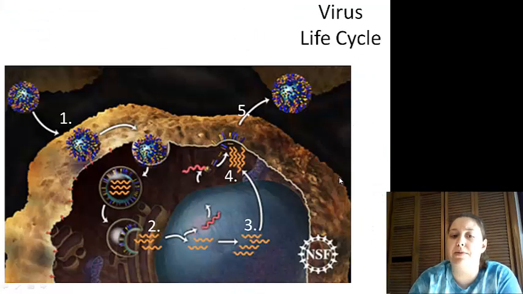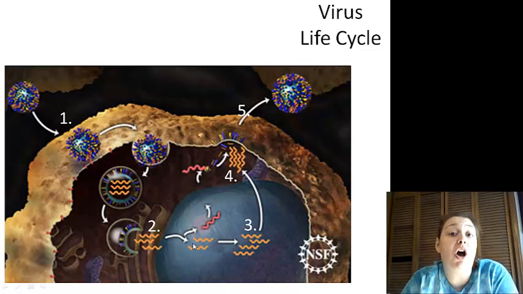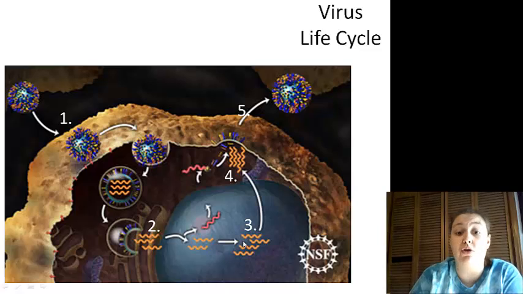Let's take a look at one. So the virus must come in and attach and then enter. Once it's entered, it must release its genome. In this case, we have the viral DNA right here. It moves into the nucleus. It creates RNA to be transcribed and translated to make protein. And we also copy the viral DNA to make more viral genomes.